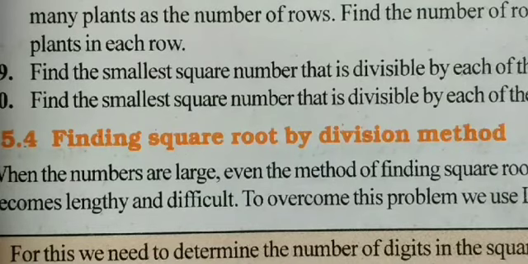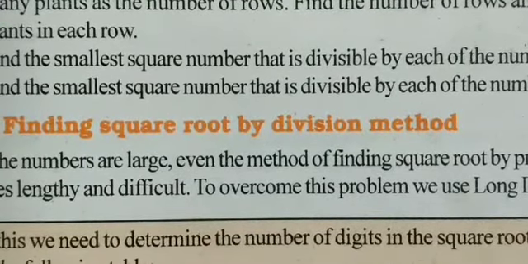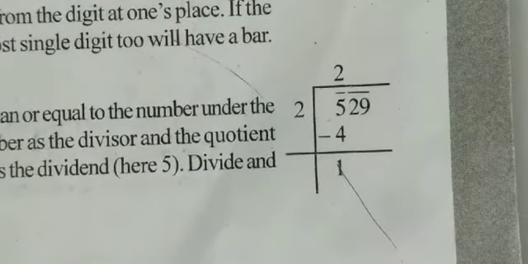Okay, let's begin today. Here we are going to study finding square root by division method. It's not that difficult. Only the difference is you have to pair the number whose square root you have to find.